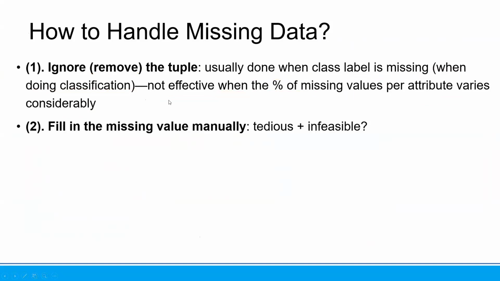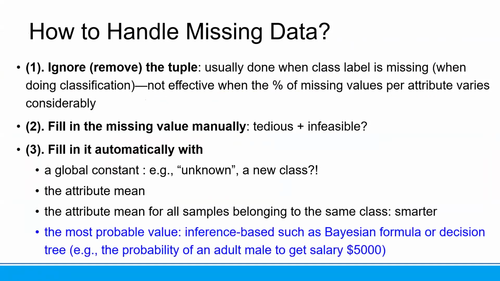The second way is to fill in the missing value manually. So we will fill in one by one. But if your data is 1 million, of course it is tedious. Tedious means time consuming. And it is infeasible, not feasible, because you need to check one by one. Or the third one, we can fill it in automatically.